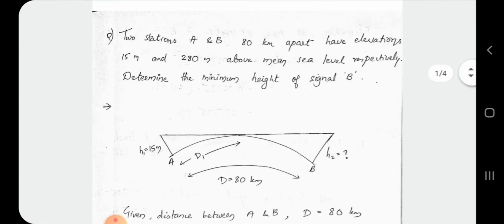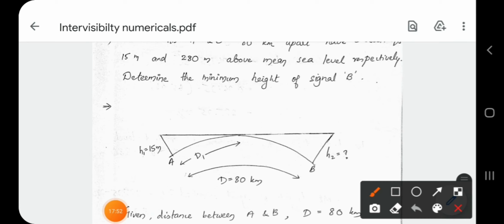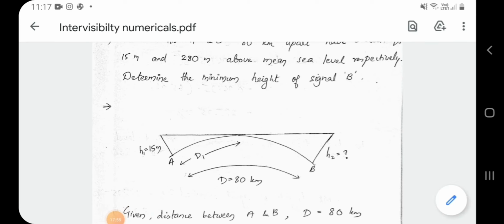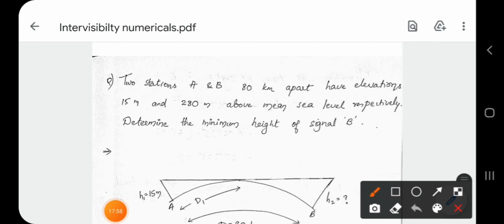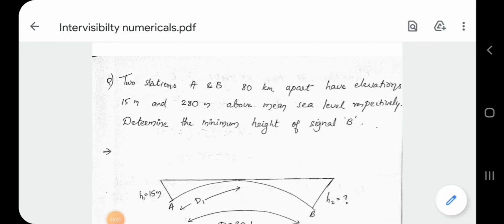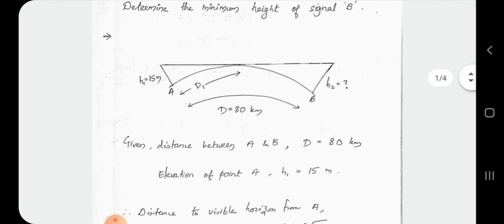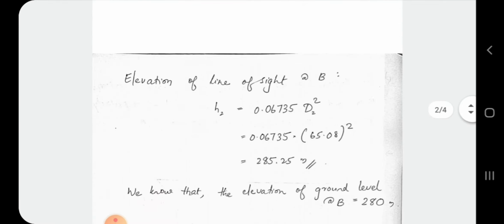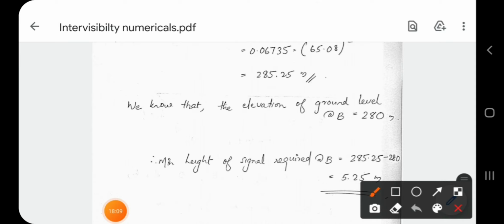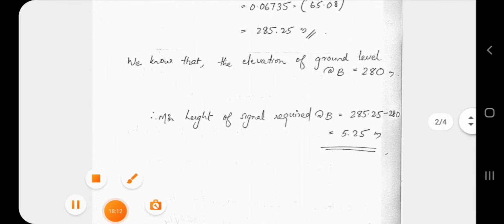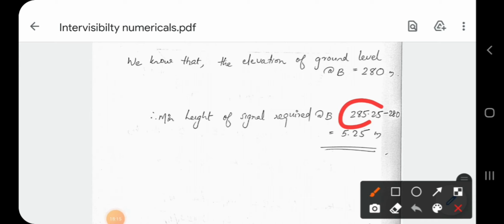Also we are given in the question that the elevation of ground at B is 280 meters. We already got the elevation of line of sight as 285 meters and the elevation of ground level as 280 meters. So the ground level is below the line of sight.